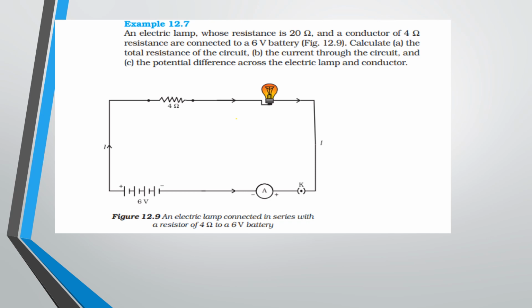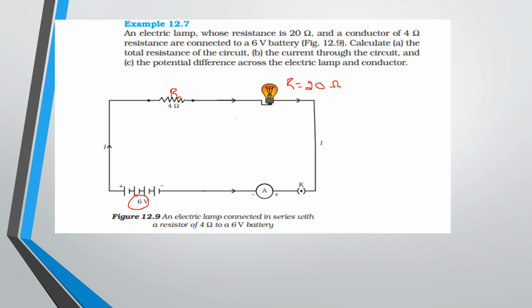Now example 12.7. An electric lamp whose resistance is 20 ohm, and the conductor whose resistance is R, connected to a battery source of 6 volt.